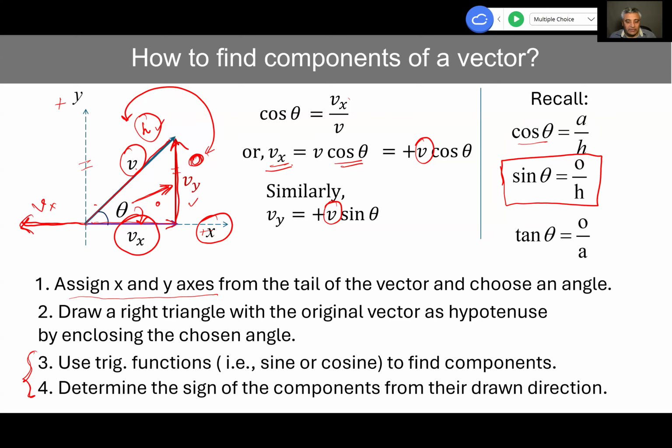Otherwise, this Vy cannot be Vy times sine theta. It's like saying 2 is equal to 2 times something else. That cannot be. For example, if that happens to be 2, then this equation is not going to be true. Okay? So it is not Vy sine theta.